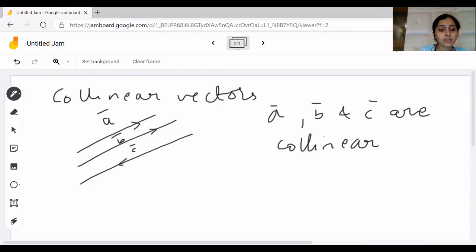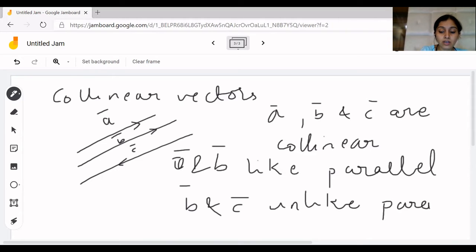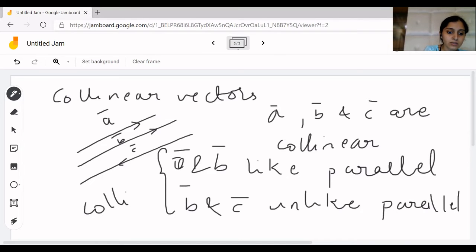So let's say collinear vectors are A, B and C. You can see that two vectors A bar and B bar are like parallel, because they are in the same direction, whereas B bar and C bar are unlike parallel because they are in the opposite direction. Remember that all three are collinear vectors because they are parallel to each other, even though their direction is not the same.